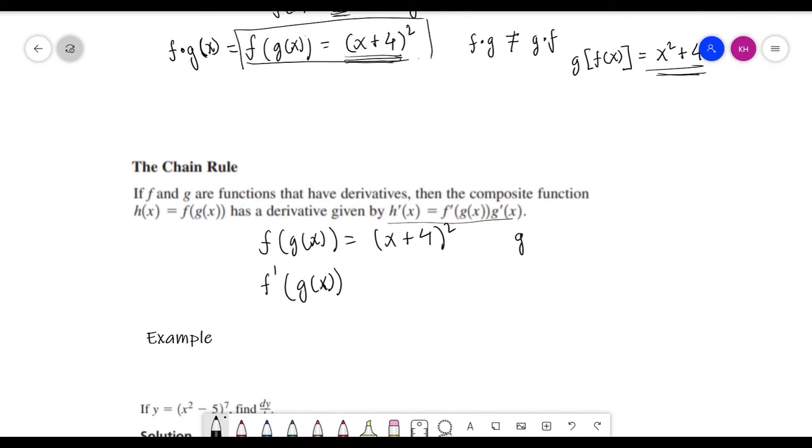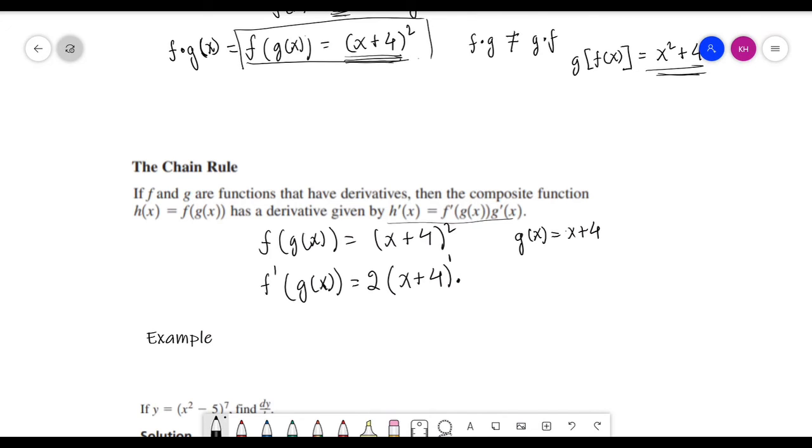So let's take g of x separately. So g of x is going to be x plus 4. So we can find the derivative by using our simple power rule. We bring the 2 down and g of x stays the same, and 2 minus 1 is going to be 1, so you don't really need to write that.